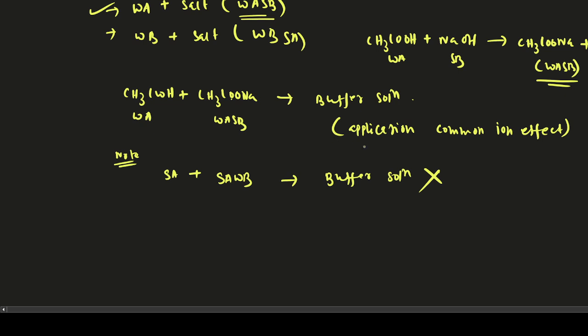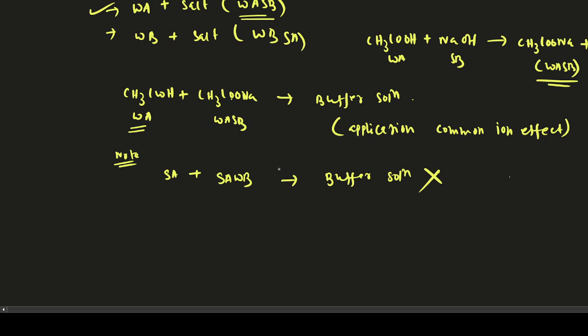So in common ion effect we see that a weak electrolyte is there, and with that a strong electrolyte is present, and both have the common ion.